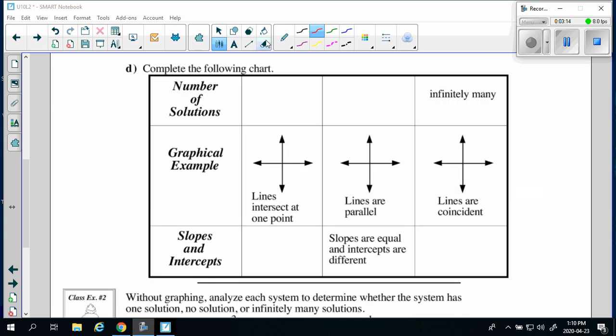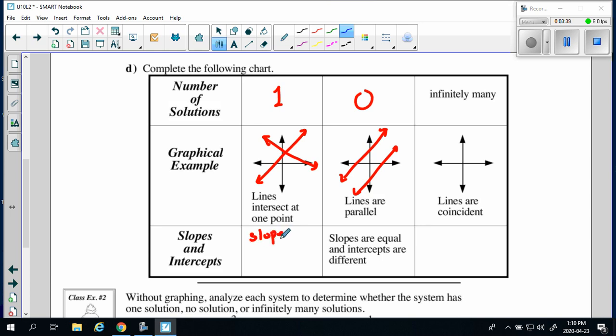So in general, if the lines intersect at one point, like so, then we would say that the number of solutions is 1. If the lines are parallel, like this, we would say that there are 0 solutions. So if there is one solution, you would say that the slopes are different and the intercepts can be anything.